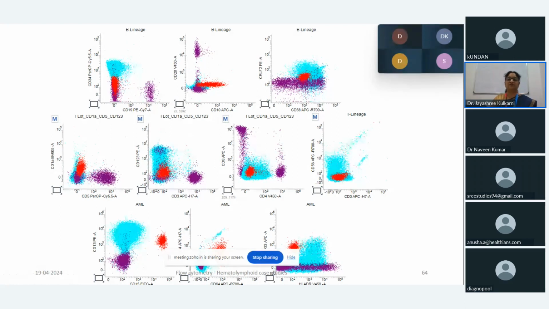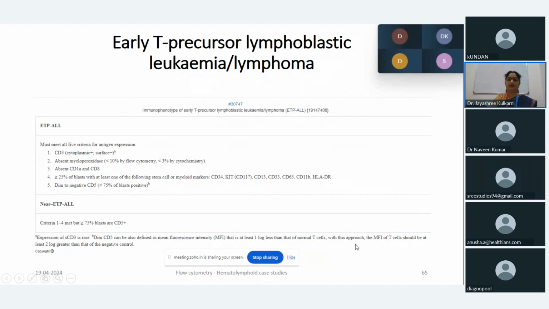Now, if there was MPO, you would have called it MPAL, mixed lineage. There is no MPO, the only lineage marker is CD3, but you have 13 and 33. You do run your CD1a and you give a diagnosis of early T precursor provided your CD1a and CD8 are negative. This is important prognostically.